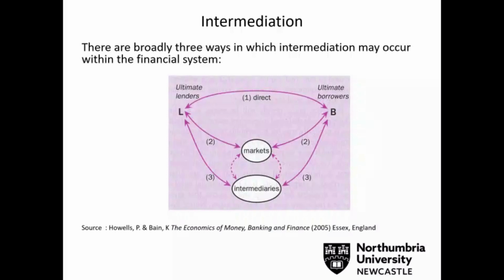Then you have route 2, which is through the markets, and this could be the capital markets or the money markets, and we will cover these in the next series of lectures. And these markets typically are wholesale borrowing and lending. And then point 3 is the intermediation process, and this would be the way through the banking sector.